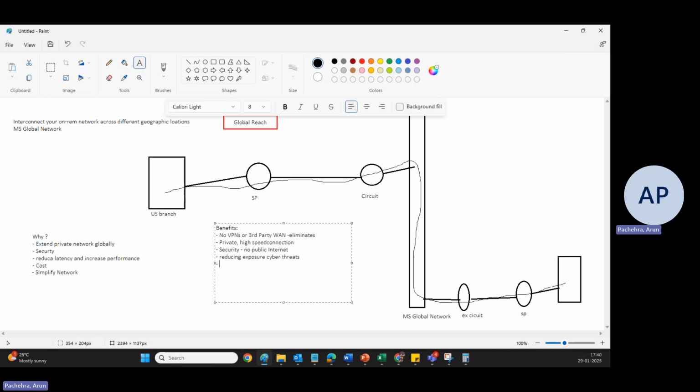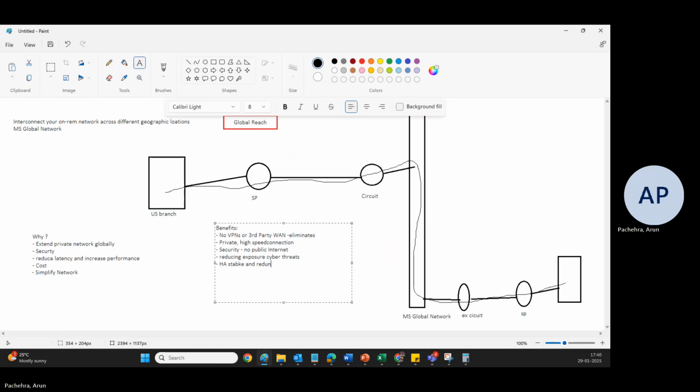Now, it is a highly available network that Microsoft has through the backbone that we keep mentioning. It ensures a stable and redundant connection between locations. So you are getting HA: highly available, stable, and redundant connection as compared to the public internet.